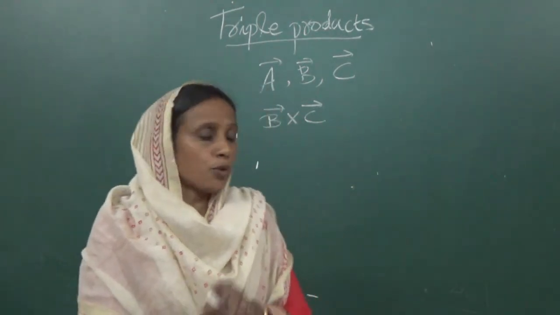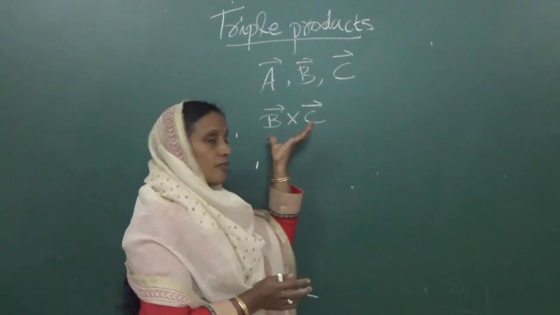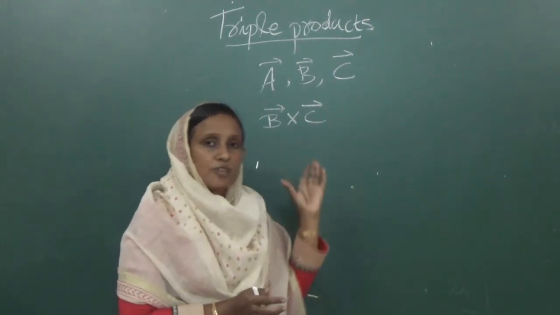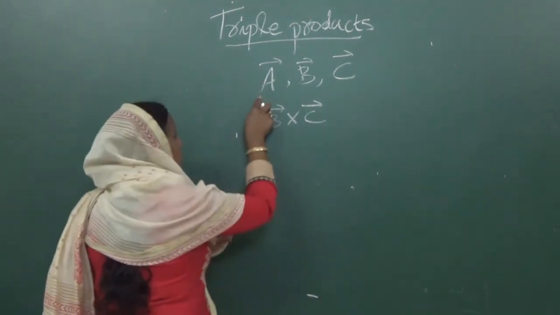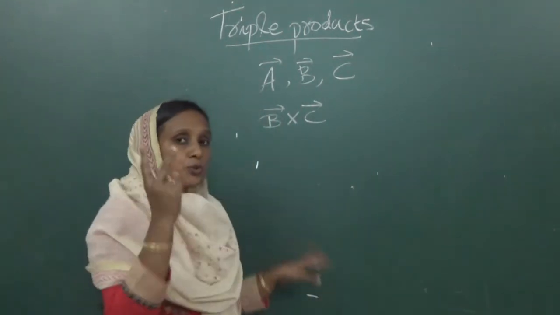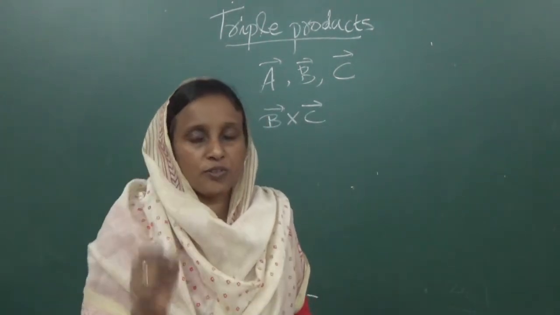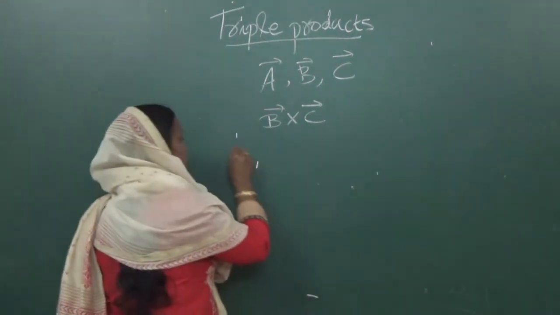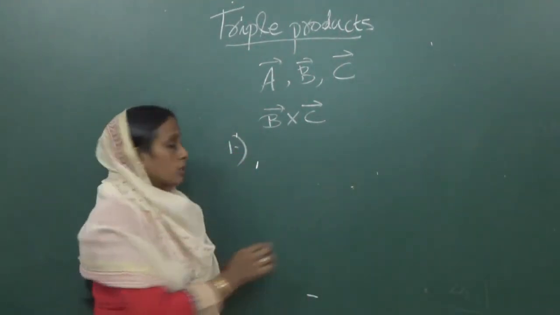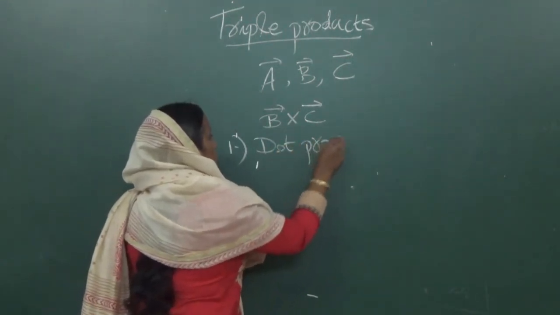So this B cross C is a vector. This vector can operate with vector A. It has two options. Either it can operate in the dot product way or in the cross product manner. So we can first think about the dot product.